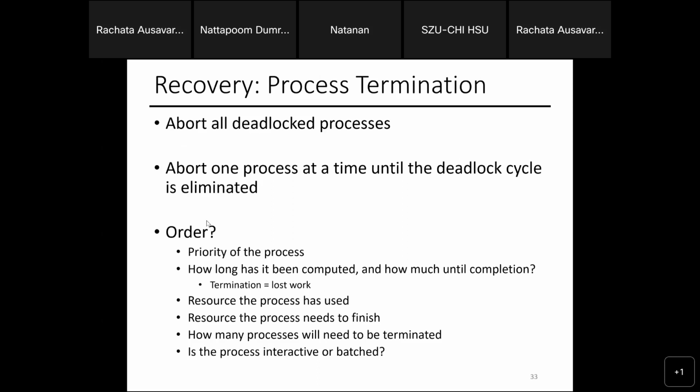Ideally, I want to terminate just one process and be good, right? Is the process interactive or batch? For example, if we use some app on the phone right now, and it just happened that my recovery mechanism kills the app I'm running right now, I'll be more upset compared to background apps, right? With background apps, I will not notice that it gets killed. So interactive versus batch is also another important thing.